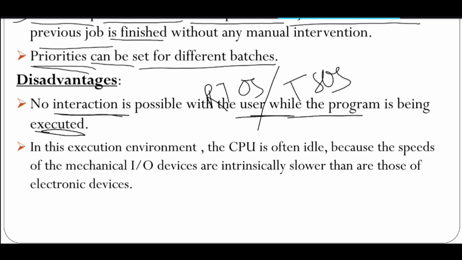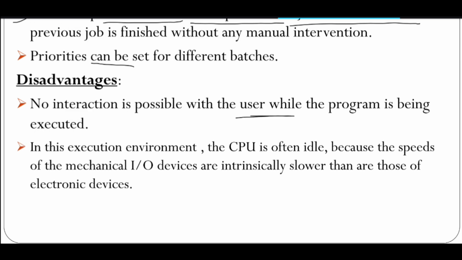Okay, let's move to our next point. In this execution, the CPU is often idle because the speed of the mechanical IO devices is intrinsically slower.